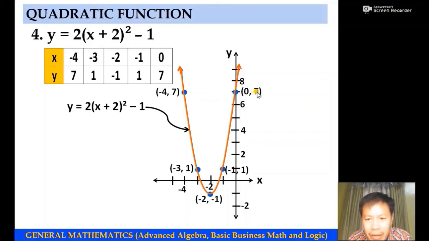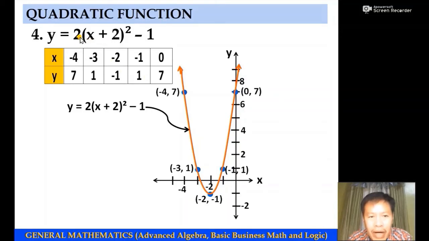Y-intercept is the ordinate of the point along the y-axis. For a point along the y-axis, the abscissa is 0. Okay, 1, 2, 3, 4, 5, 6, 7. This is it. Then don't forget to put your x-axis and your y-axis there. Then take note, our parabola is narrower. It means that the opening is smaller compared with the parabola with smaller absolute value of the coefficient of the quadratic term.